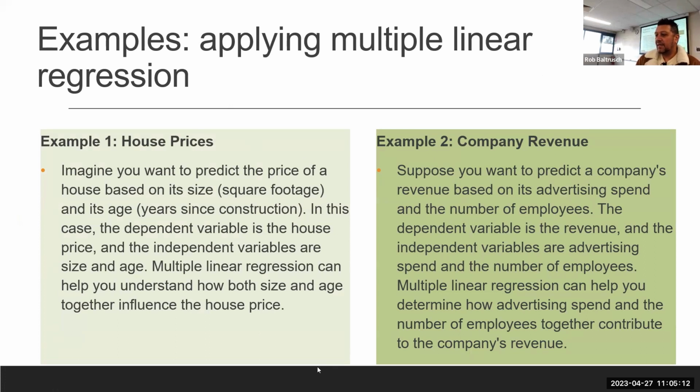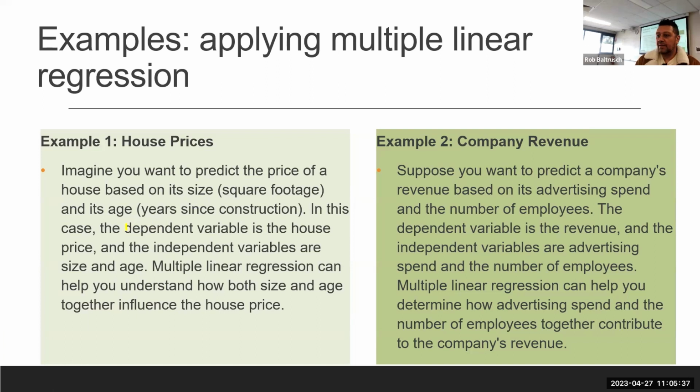My first example is to do with house prices. So suppose that you want to predict the price of a house based upon its size in, say, square feet and its age in years since construction. So in this case, we think about what the dependent variable is. Remember, the dependent variable is the thing that depends on other factors.